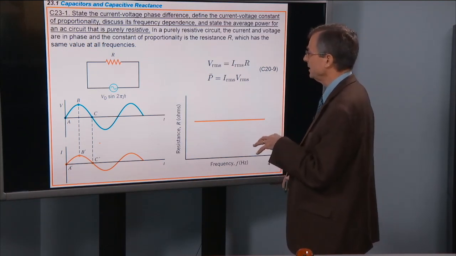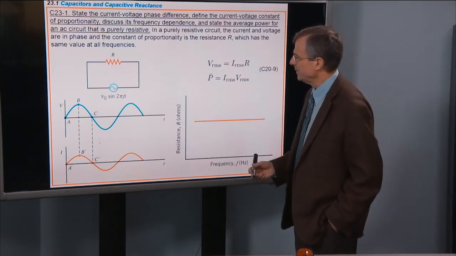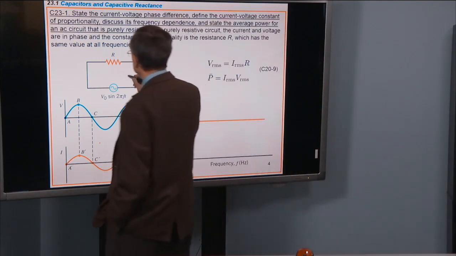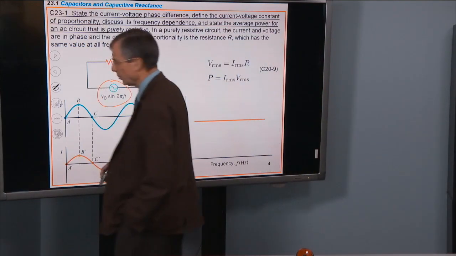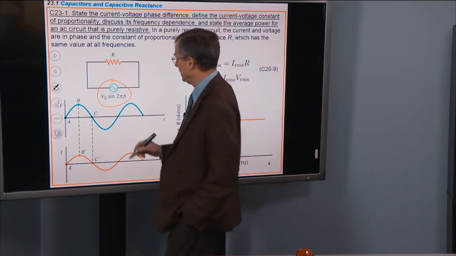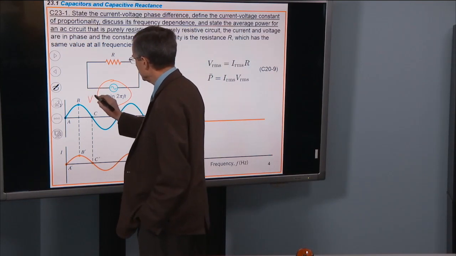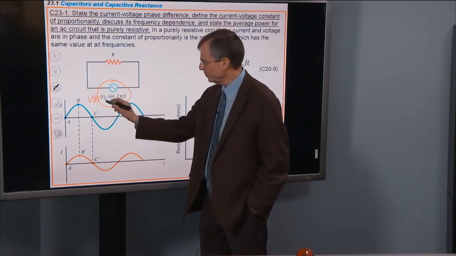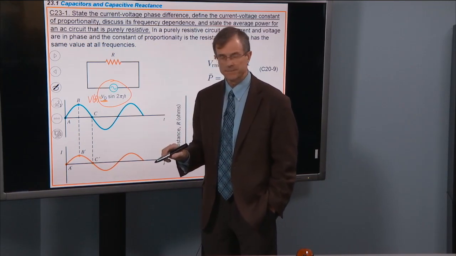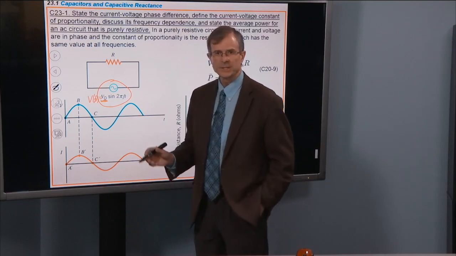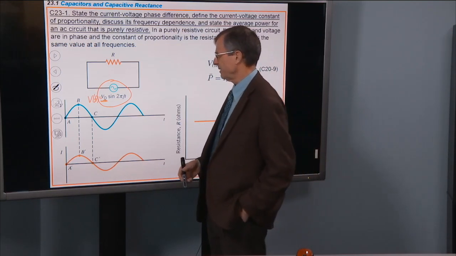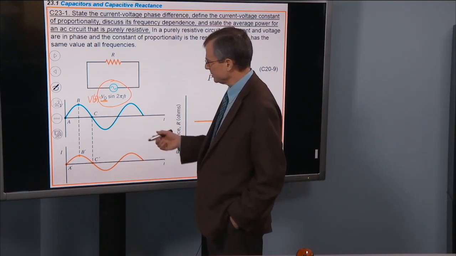What this concept deals with is the very simple circuit of an AC source with a voltage that depends on time equals some peak voltage, V0, times sine of 2 pi ft, like we've talked about previously. So that's a voltage as a function of time.